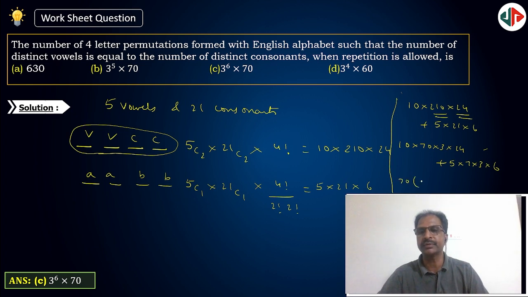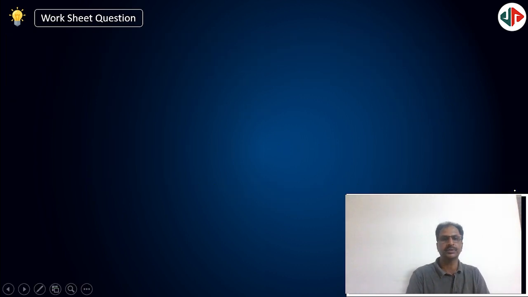If I take 70 common, then 10 into 3 into 24, 720, plus, here I took 5 into 7, 35, we'll get 9 here. 35 to 70, 9 is left out. So 70 into 729, 729 is nothing but 3 power 6. Option C.